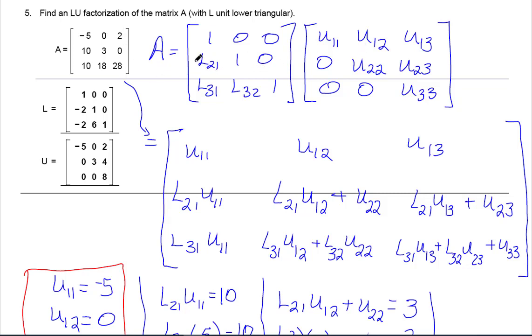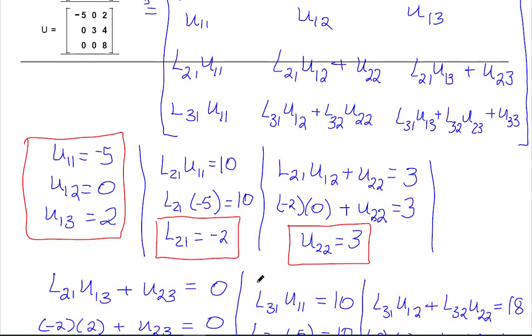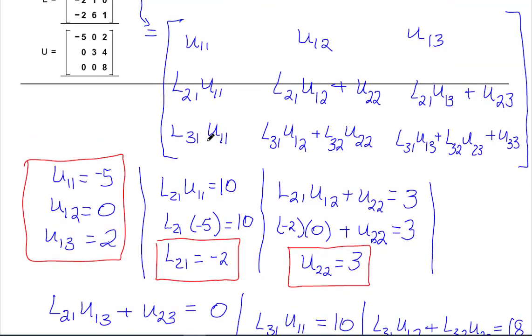All right, go to the second row. L21 times u11. And I won't bore you with the details, but it's just matrix multiplication down the rows and columns. And then it's just a question of not losing anything and filling things in. So for example, let's take this term. L21 u12 plus u22.